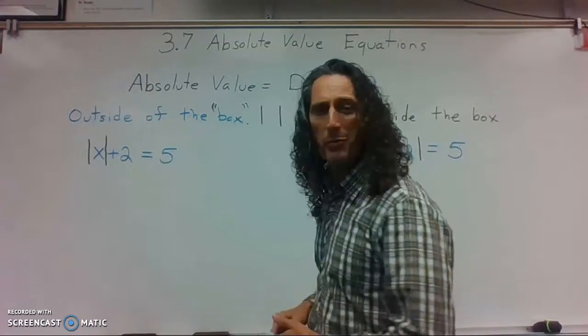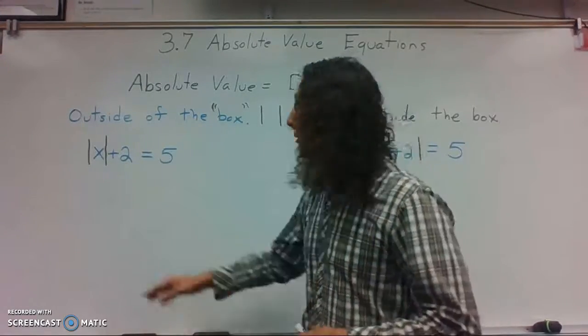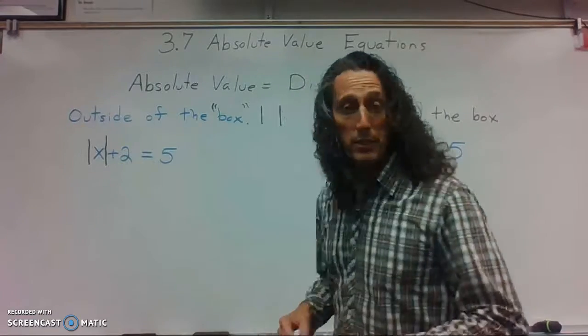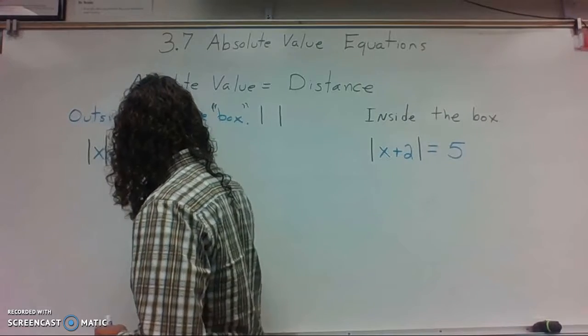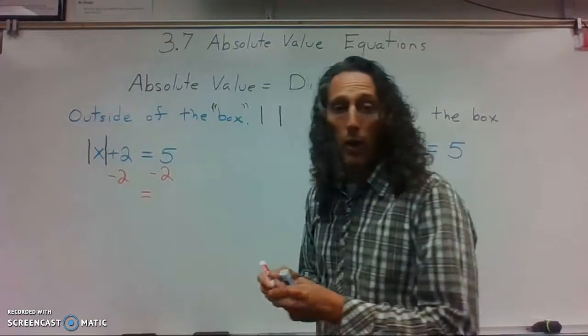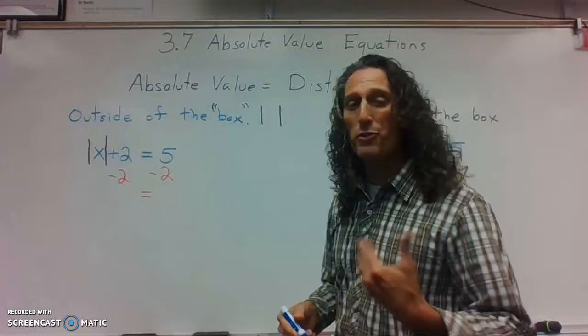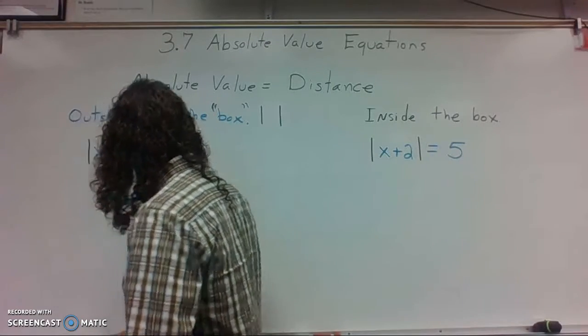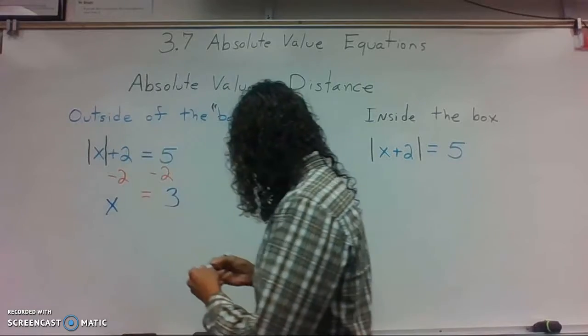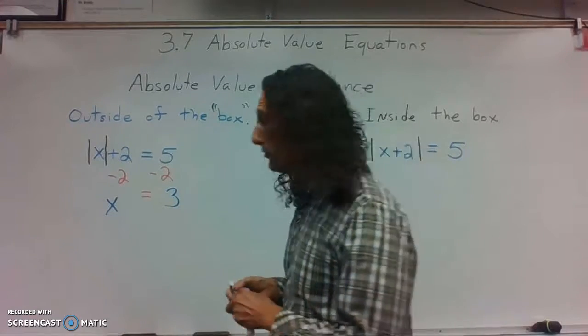So just like we've been doing with all of our equations, we're just going to get rid of that plus 2 by using its opposite function, which happens to be minus 2, minus 2. And then the box drops down, so make sure you drop down the box. So there's my x. This is going to give me a 3, but again, drop down the absolute value.